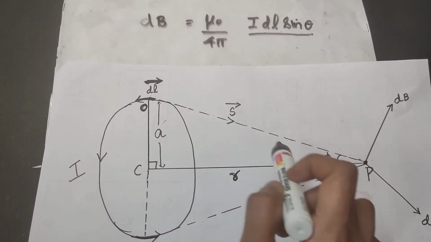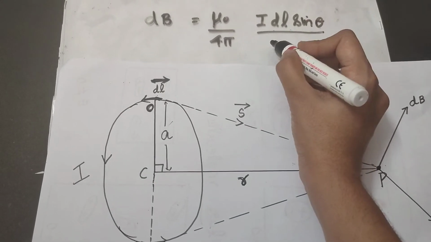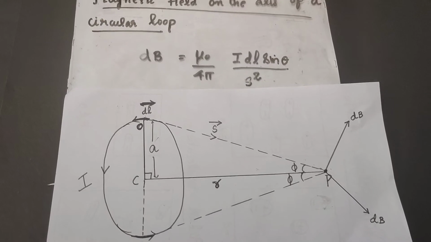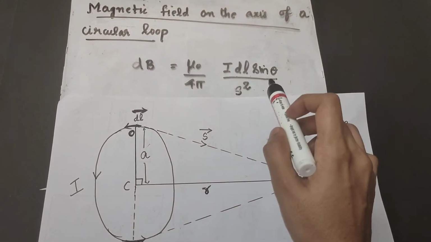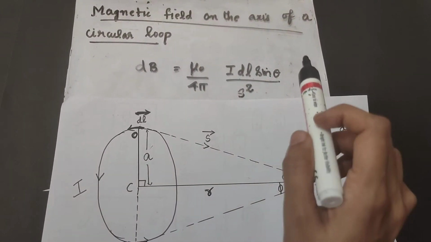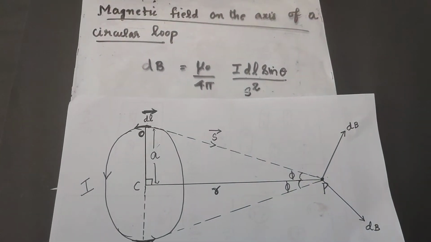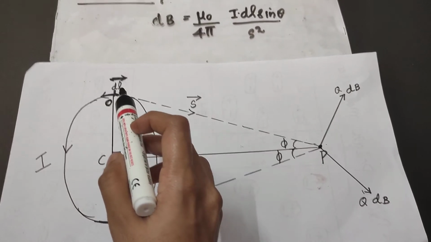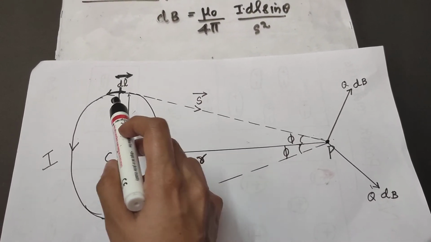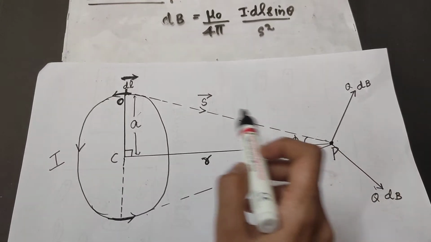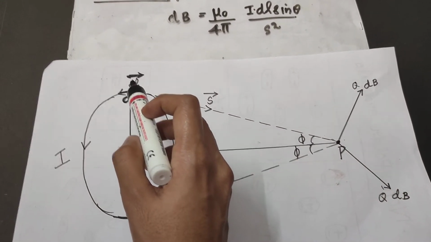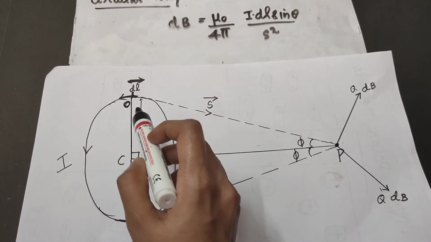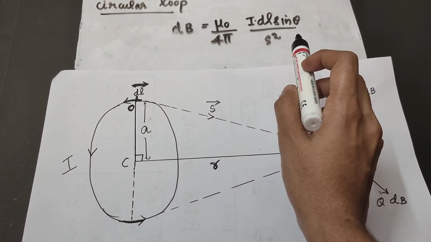So it is S. So it is S square. Now can you tell me what is the value of theta here? What is actually theta? It is the angle between the current element dl and this distance OP. And from the figure, it is clear that the angle between them is 90 degree. So we can substitute that value here in this equation.